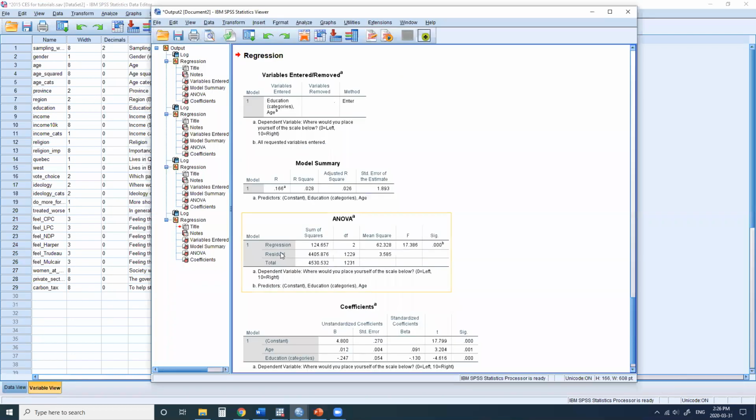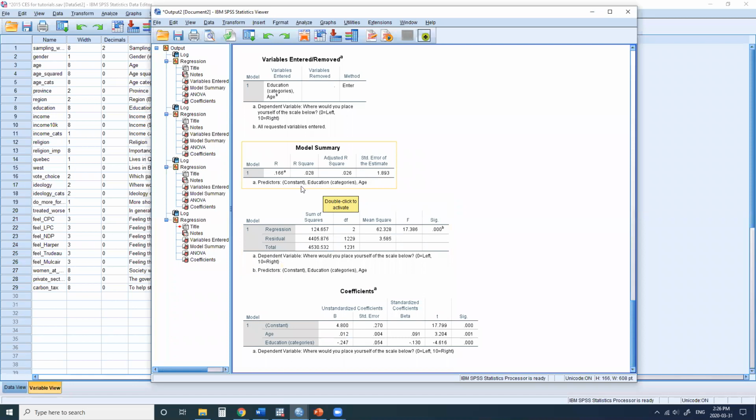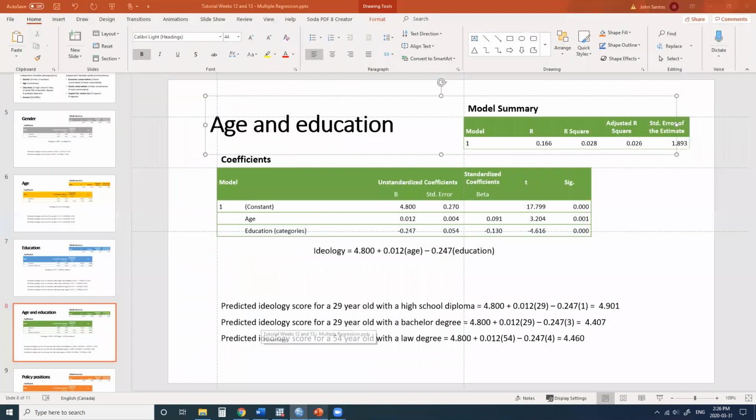If we run that, we see R squared is 0.028. We're now explaining 3% of the variation, which is more because we have more variables in the equation. Now you see we have coefficients for both age and education. I'm just going to switch back to PowerPoint because I've already done the math here.